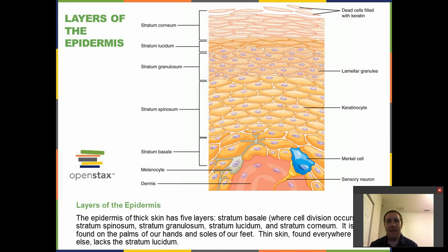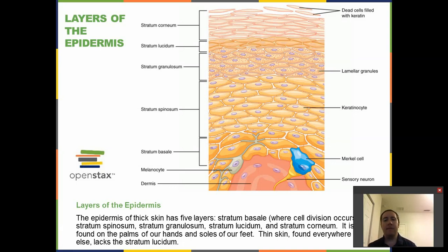We can't see that in this picture, and so that's not going to help you remember. But the stratum spinosum is underneath the granulosum. And then the bottommost layer, the deepest layer of the skin, is the stratum basale. Think basement, B-A-S. That's at the bottom.